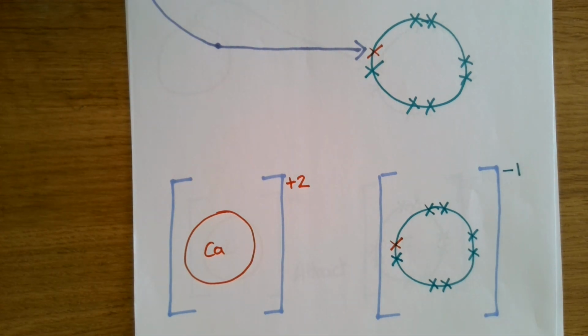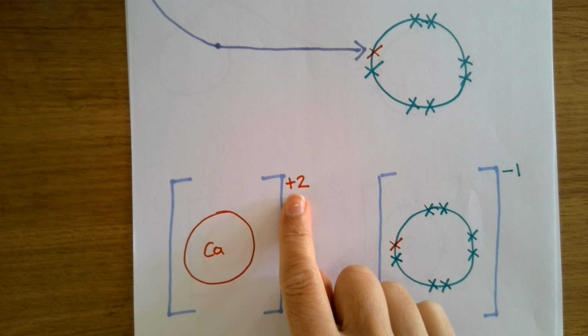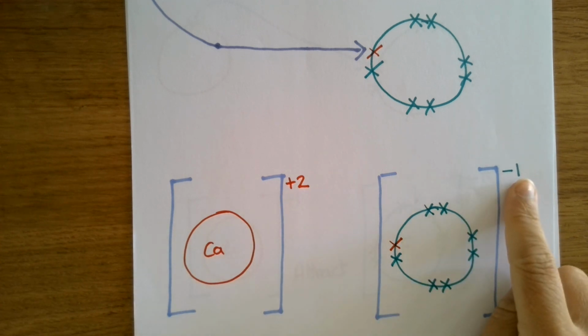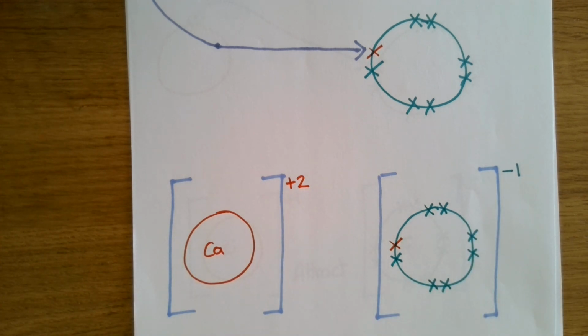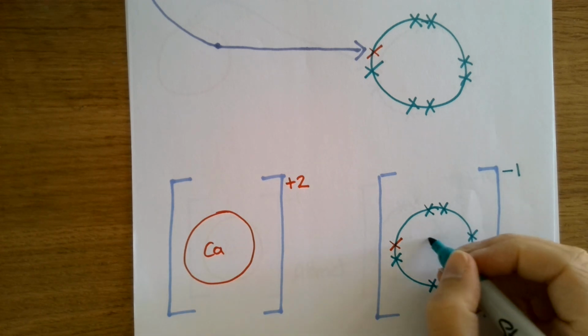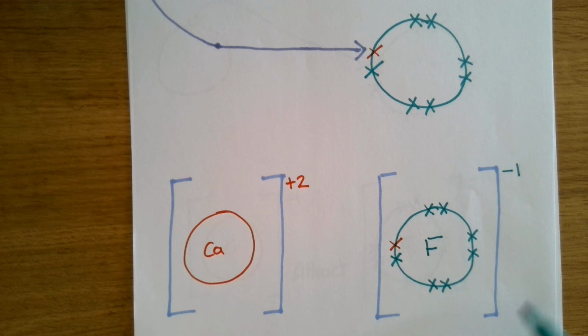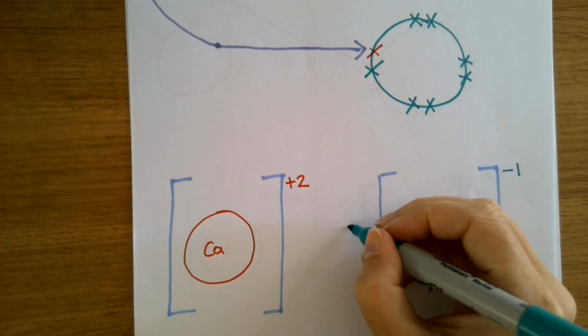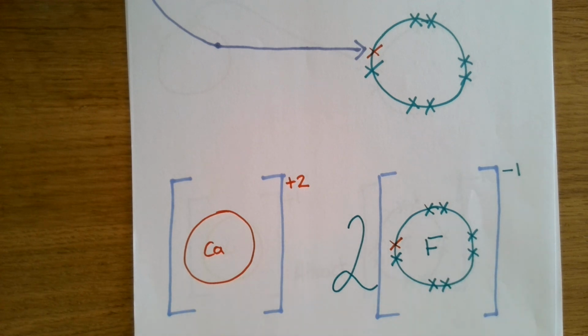That isn't all that happened. We still have that second electron from calcium reacting with another molecule of fluorine. Now you could draw this whole box out for a second time, or you can just pop a nice big 2 in front to show that 1 calcium reacts with 2 fluorines.